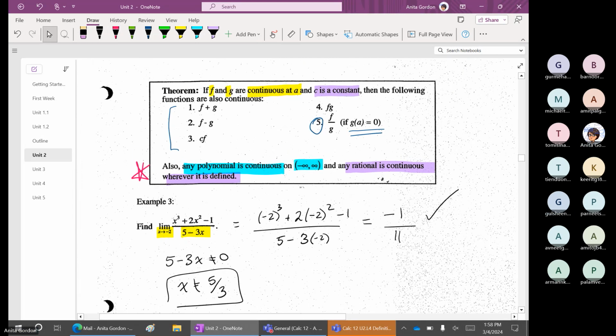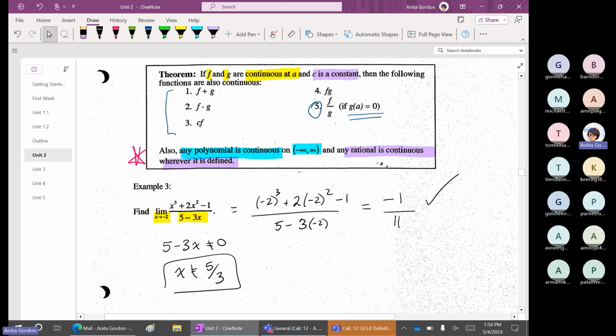So as long as the point of interest is not part of my restriction, I can use direct substitution on the rational function, and polynomials are continuous everywhere.